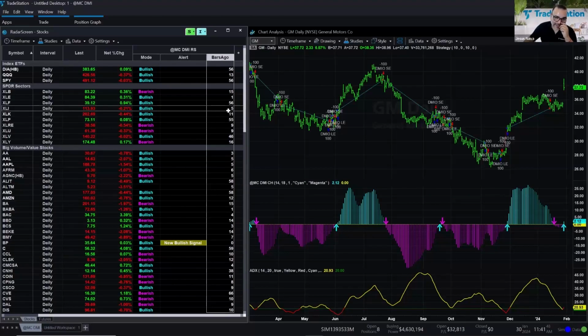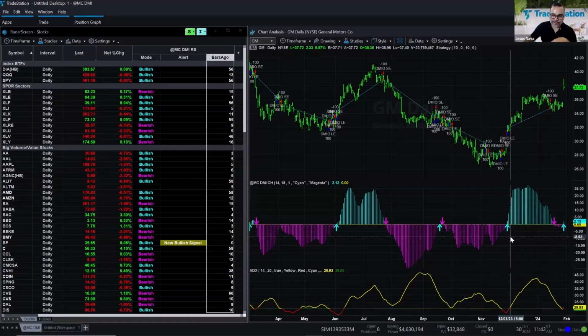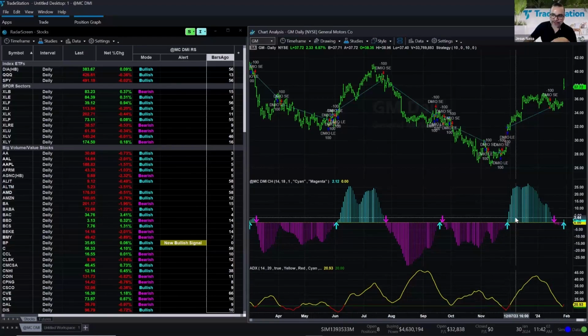When you look at a stock that hasn't shown a crossover in a long time, for example, take a look at General Motors. Not until recently, a few days ago, do we see some activity happening. But before that, when this trend started back in November and the prices started going up, you can see how the DMI was mainly positive.